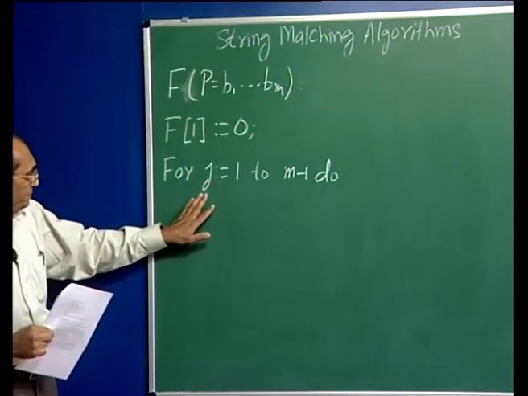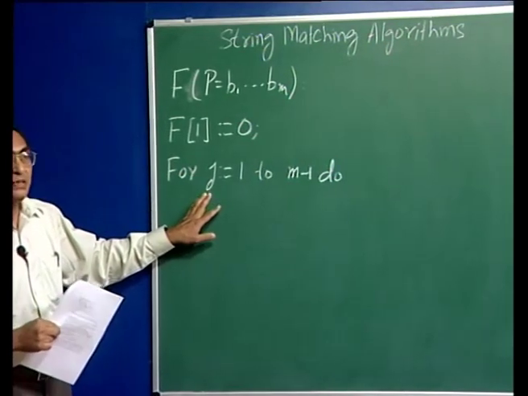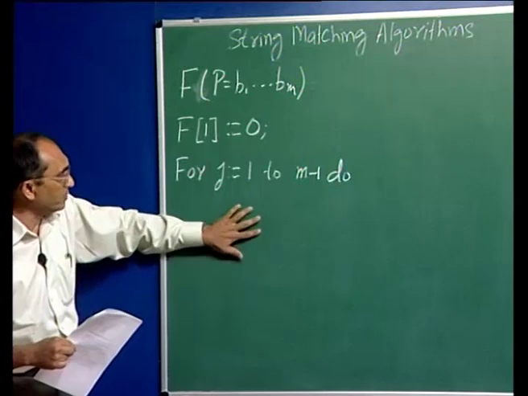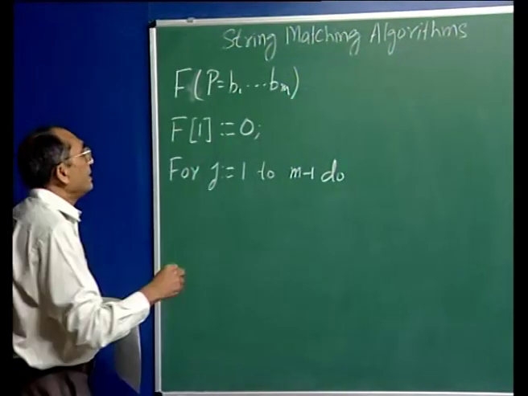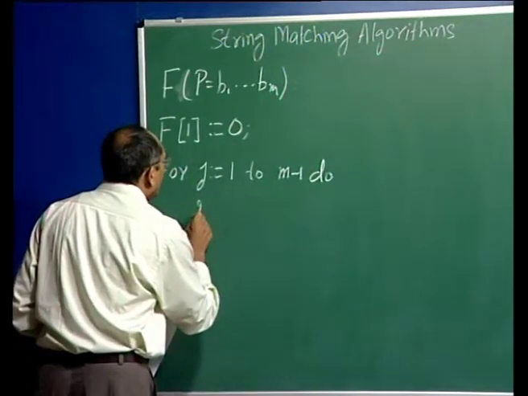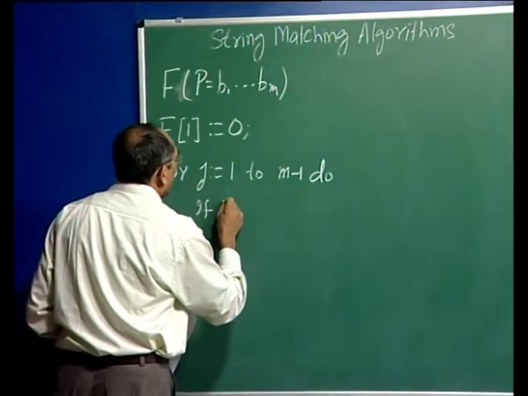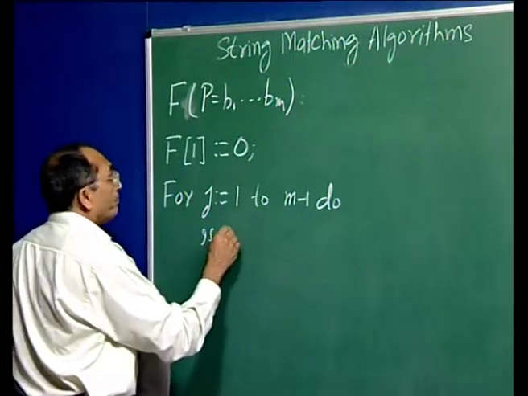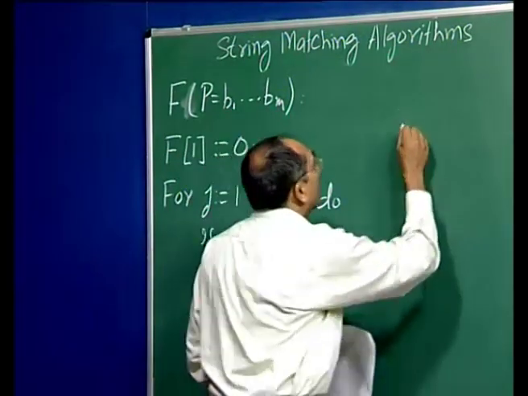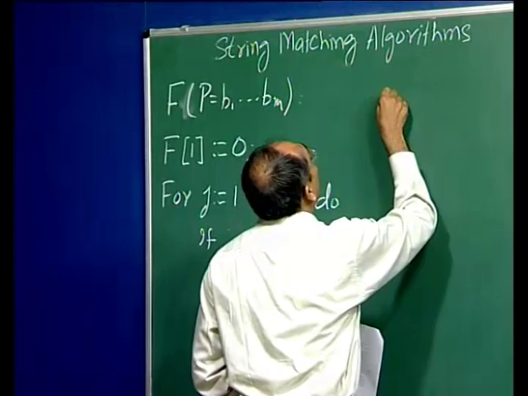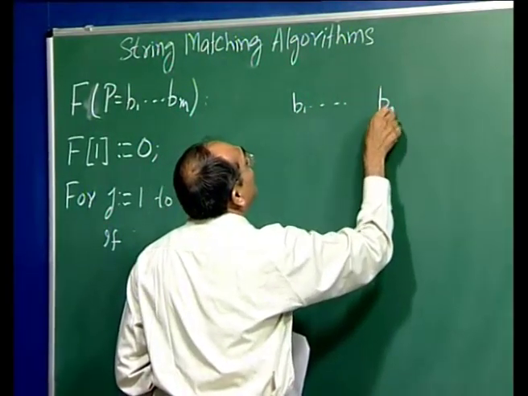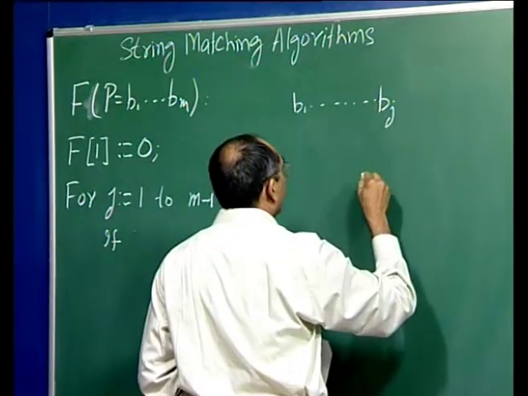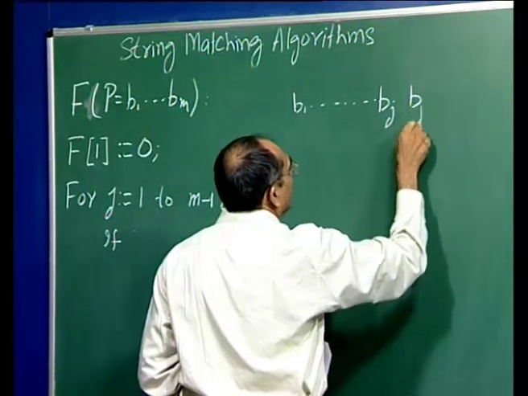We have the value of f(j), and in each pass we want to compute the value of f(j+1). Now, it is clear that, let us just keep the picture here, that we have our B1 through Bj, and this is Bj+1.